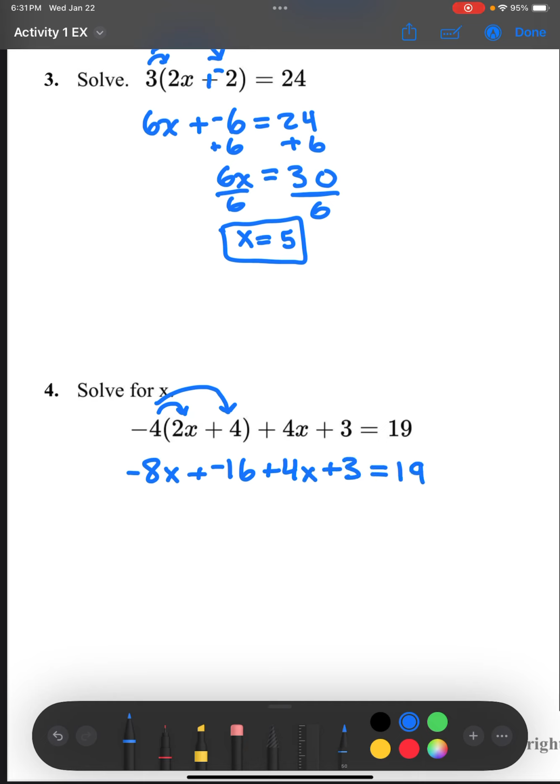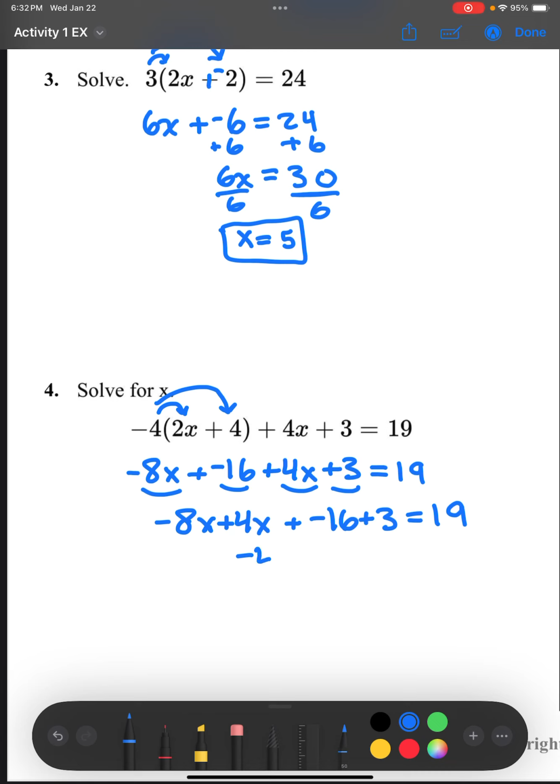Now, if you're able to simplify that left side in 1 step, that's perfectly okay. I'm just going to do it in 2 steps so we see what we're doing. We're going to combine like terms here. So negative 8x plus 4x, and then we have negative 16 plus 3. So we have negative 16 plus 3 equals 19. Don't forget that side.